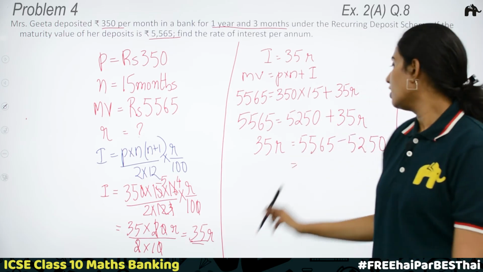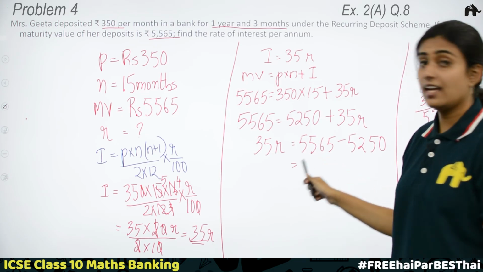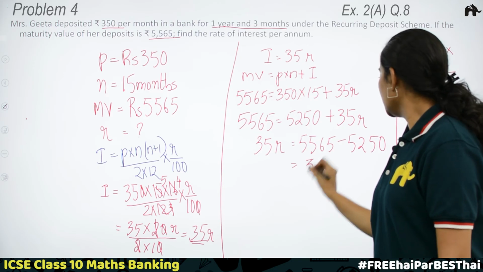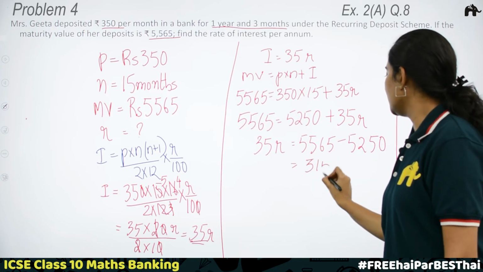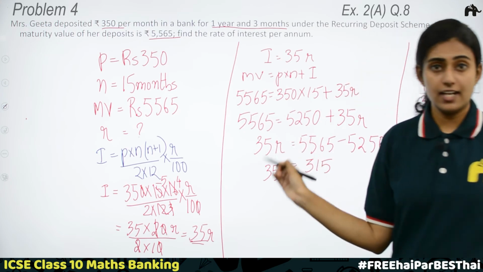How much do you get on subtracting 5,250 from 5,565? You will be getting 315. So 35 R is equal to 315.